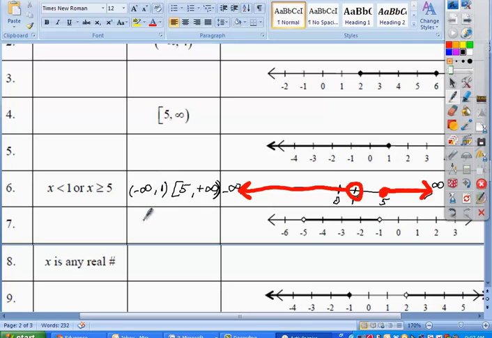So in short, it always goes smallest number, comma, largest number, and then depending on what I have, depends on whether I have a bracket or a parentheses. Okay? Brackets mean equal to. Parentheses mean not equal to, or open circle. Same thing with the inequality notation.